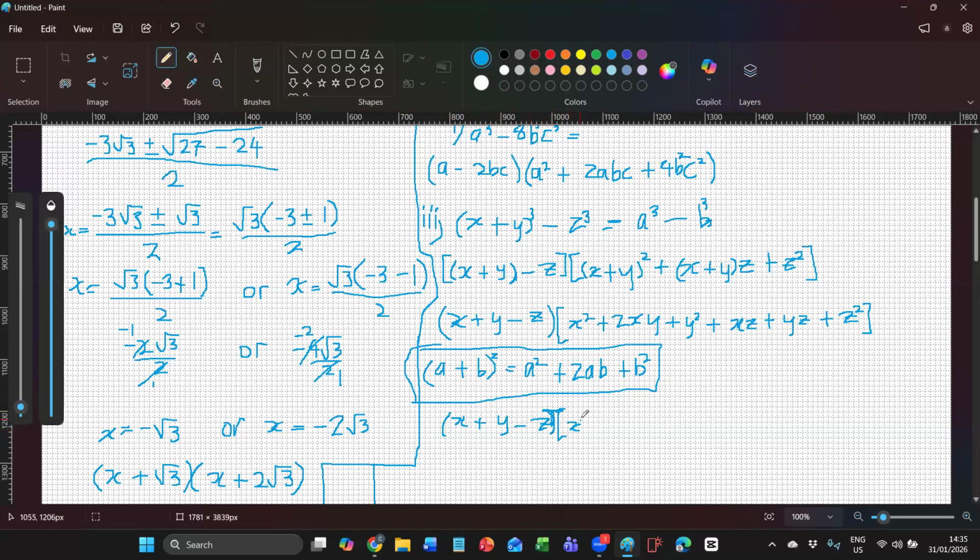So that's going to be x squared plus y squared plus z squared. And then the ones that have two letters, that's technically the rest of it. We just have plus 2xy.